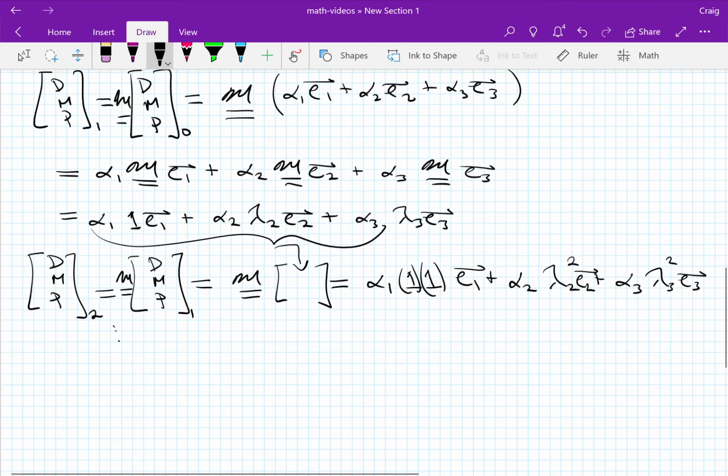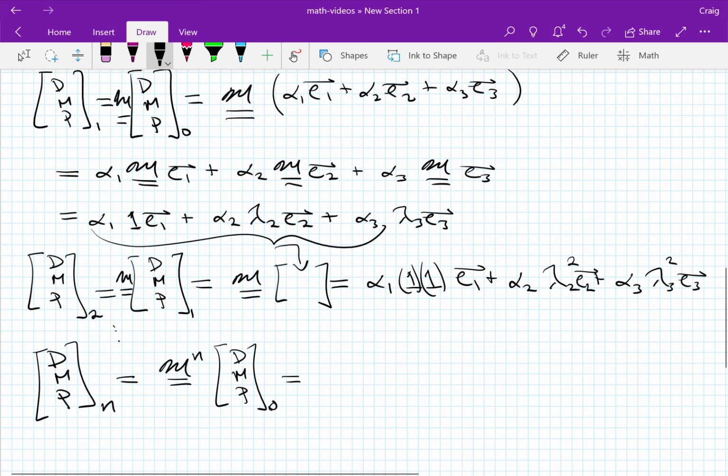And so in general, if I want to get out to the nth year, I have that the population, Delaware, Maryland, Pennsylvania, in year n is equal to M^n acting on that vector DMP0, but that's equal to, if I write things in terms of the eigenvectors, alpha 1 E1 plus alpha 2 lambda 2 to the n E2 plus alpha 3 lambda 3 to the n E3.